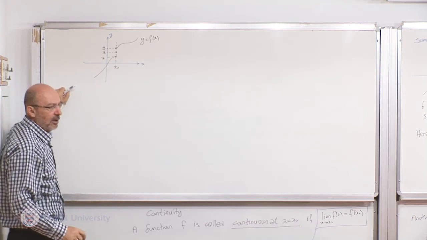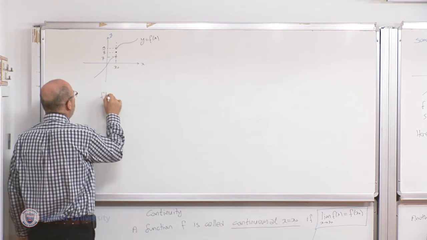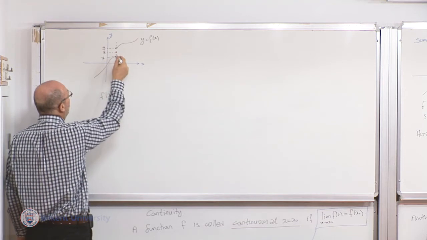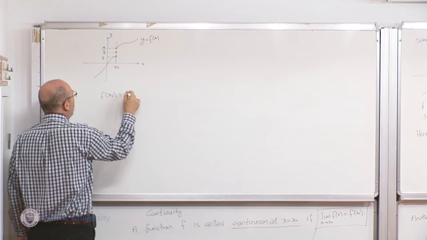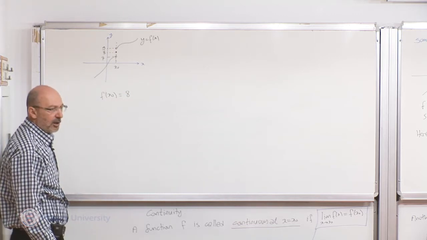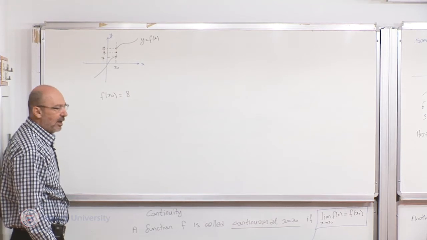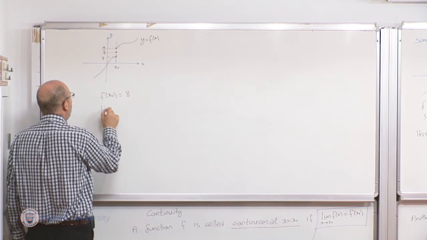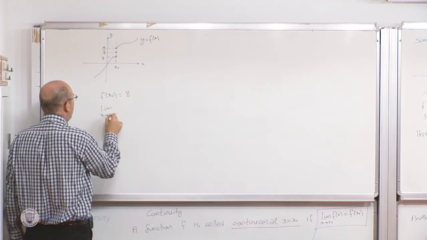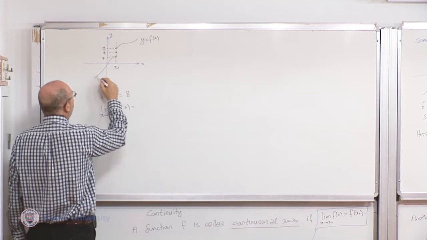First, I calculate f of x sub 0 to check if it exists. F of x sub 0, from the data, it is equal to 8. Okay, so it exists. Now I calculate the limit, but for the limit, you see, you have to look at right and left limits. Here, limit as x approaches x sub 0 from below. So I'm approaching from below.